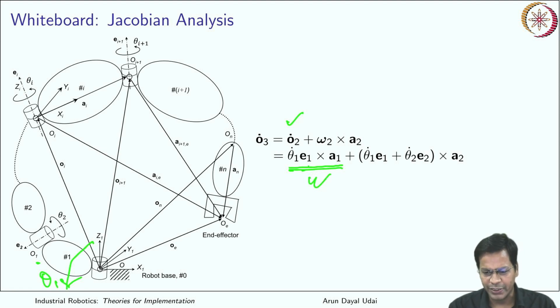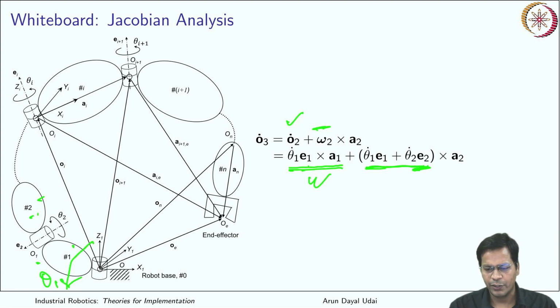Now can I replace this omega 2 with these two? The angular velocity for the second one will be the sum of the angular velocity of the first plus the joint velocity which is here. So the sum of all the joint angular velocities put together till the second will come here.